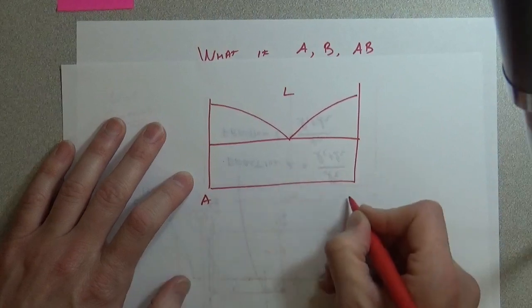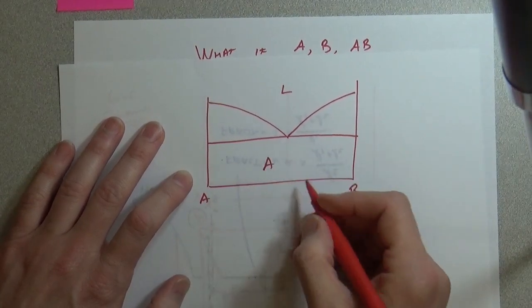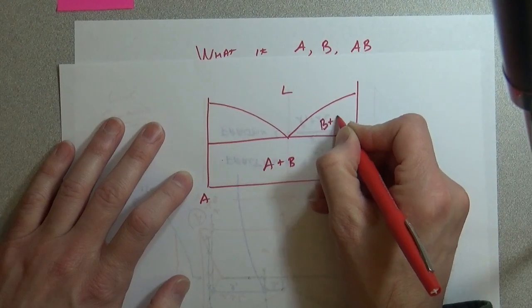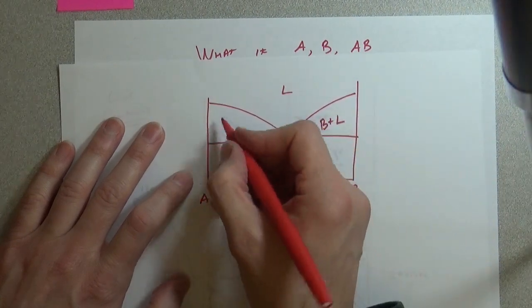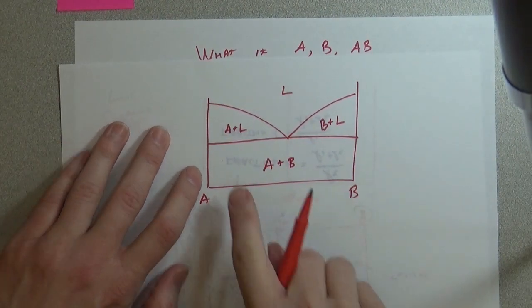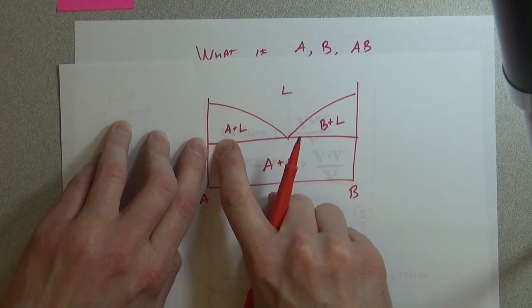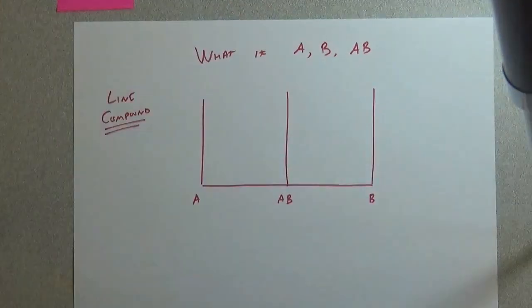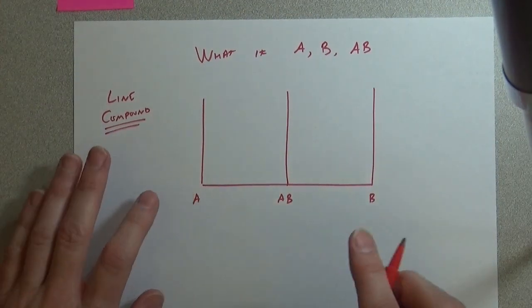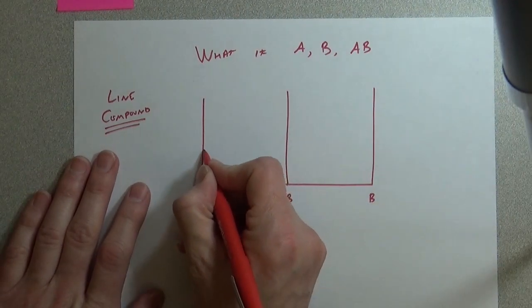L, A, B, A plus B, B plus L, A plus L, right? And we don't have that broadening where we have an alpha. And if we talk about these as line compounds, one thing we could have is something that looks like this.